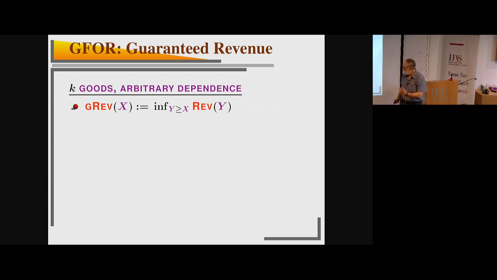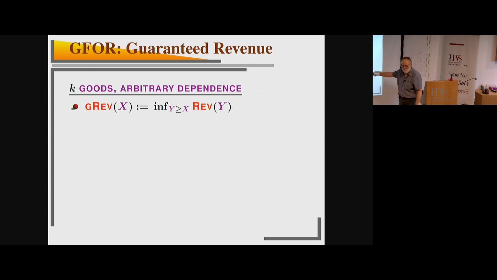And what I showed, by the way, is that you can guarantee it. There is one mechanism that you can use, and then no matter what y is, you are going to get at least this number. In principle, for every y bigger than x, there is a different optimal mechanism. The minimax theorem says no, there is one mechanism that if the seller uses it, no matter what the valuation is, the revenue is going to be at least this much.